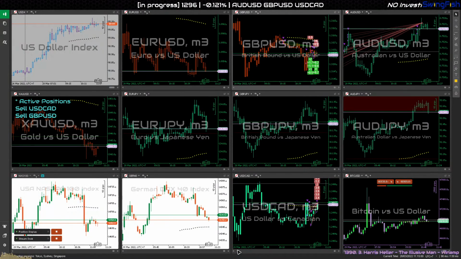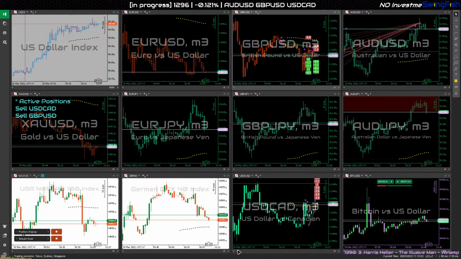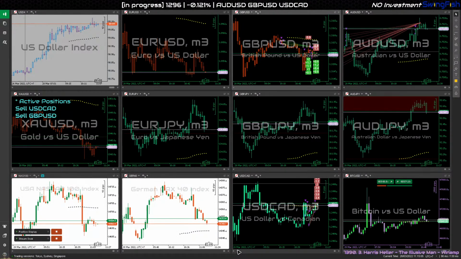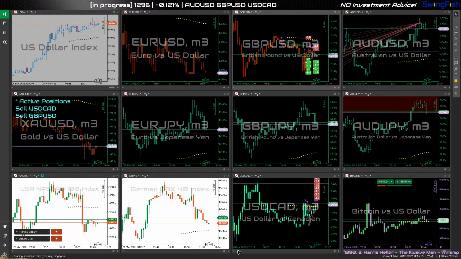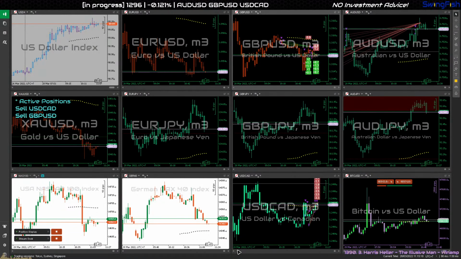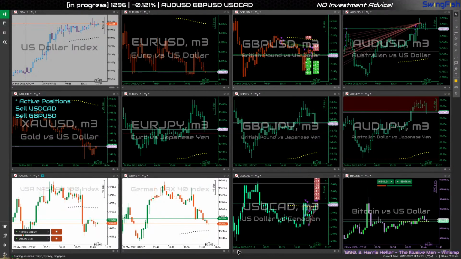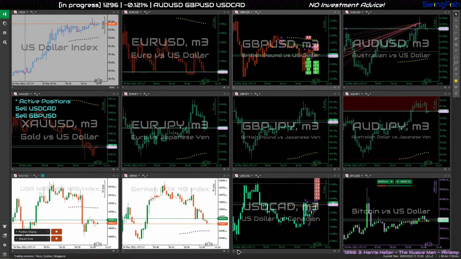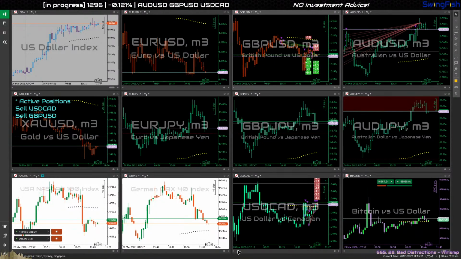Dollar CAD's broken above. Actually, there's a decent target on dollar CAD too at 1.251.